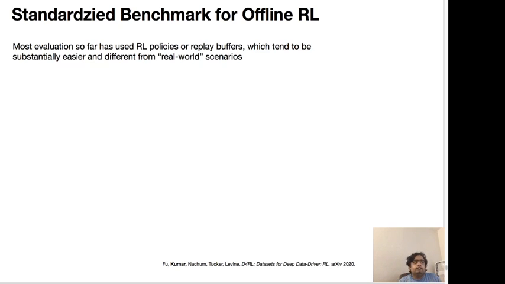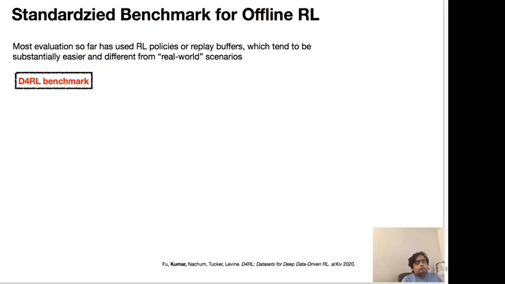Very intuitively, in a replay buffer or in an RL policy, you're precisely seeing those transitions which were needed for an instance of the same algorithm or a very similar algorithm to learn. So in a sense, you're already giving away the hard part to the offline RL method, which is that the data was collected from a similar RL algorithm.